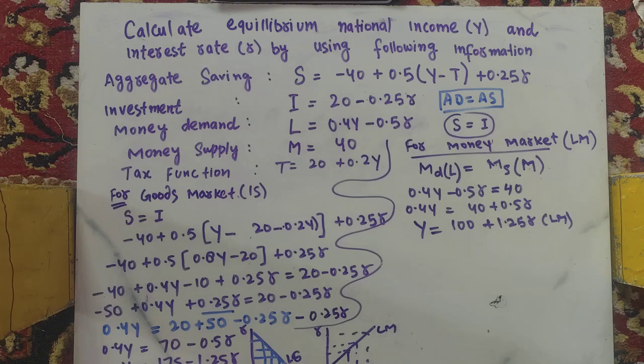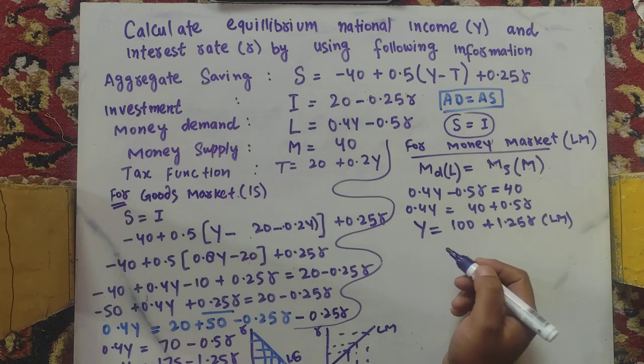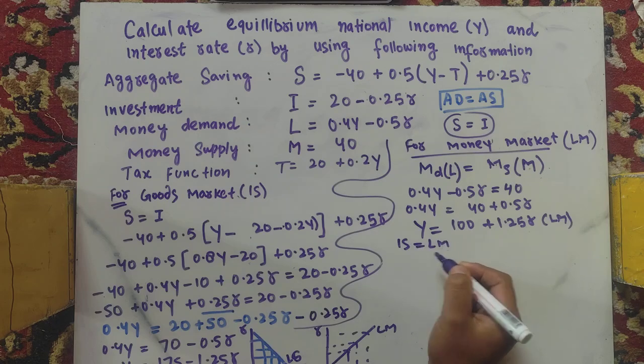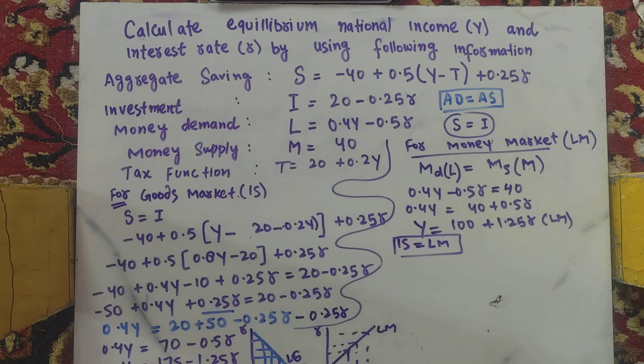Now for simultaneous equilibrium in both markets, IS should be equal to LM. This is our IS equation, this is our LM equation. Let's equate them. The LHS is the same, so we can equate the RHS.